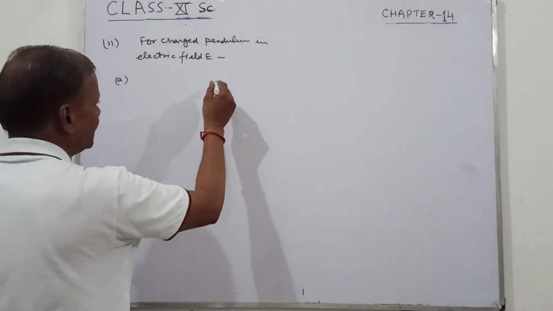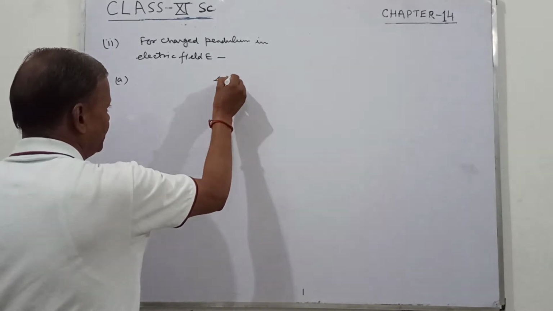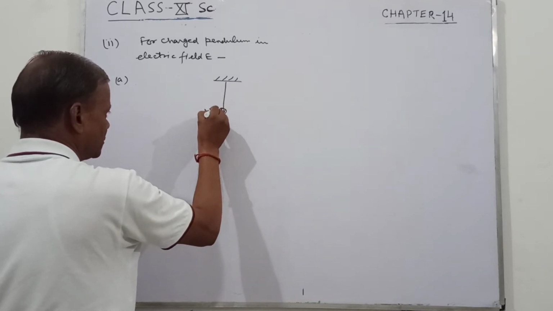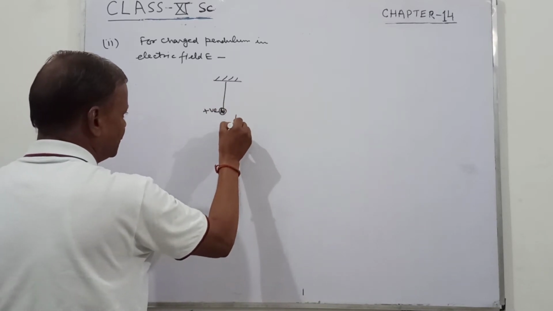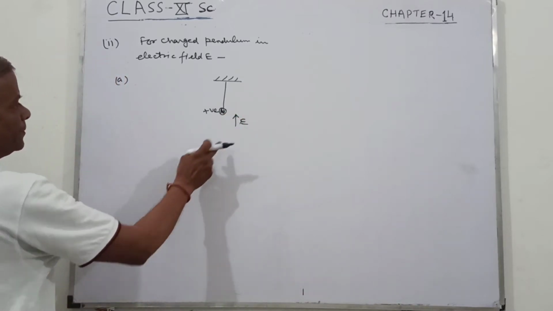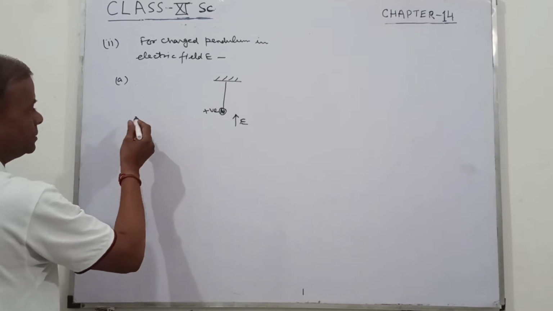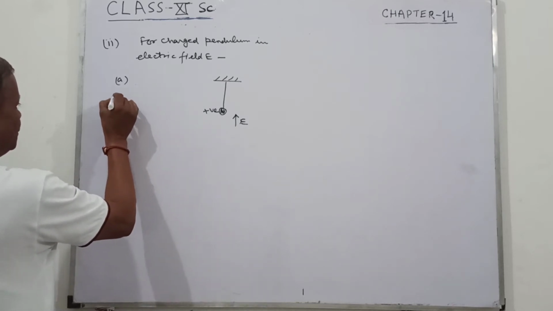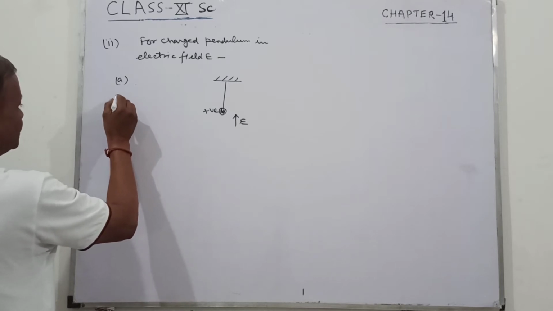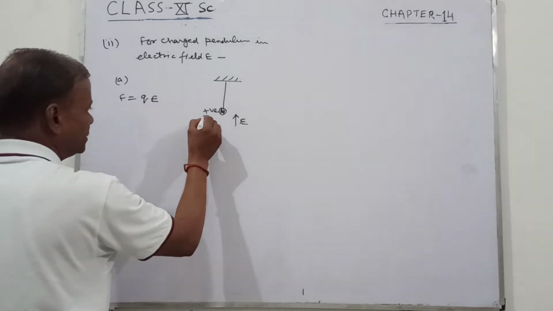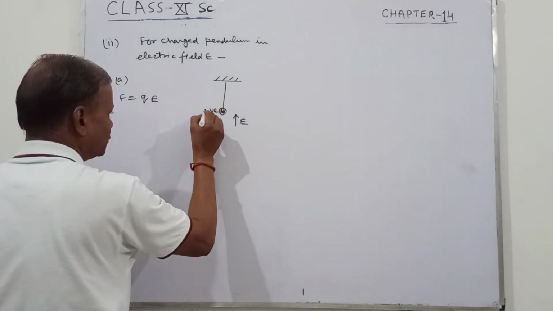A: suppose this is the pendulum, a positive charge, and this is the electric field E in this way. Then definitely you can have the force F equal to QE. Let the charge be plus Q.